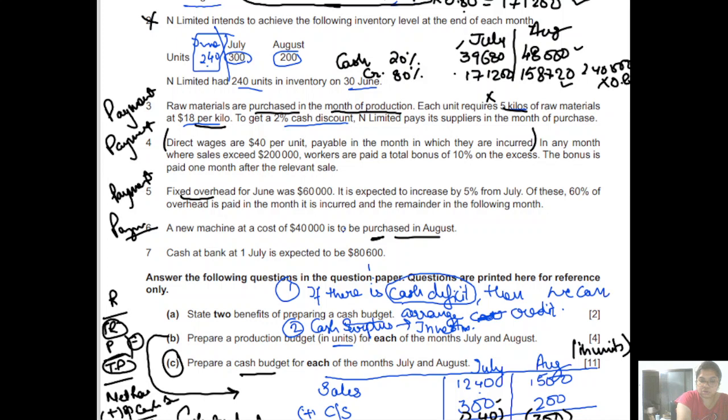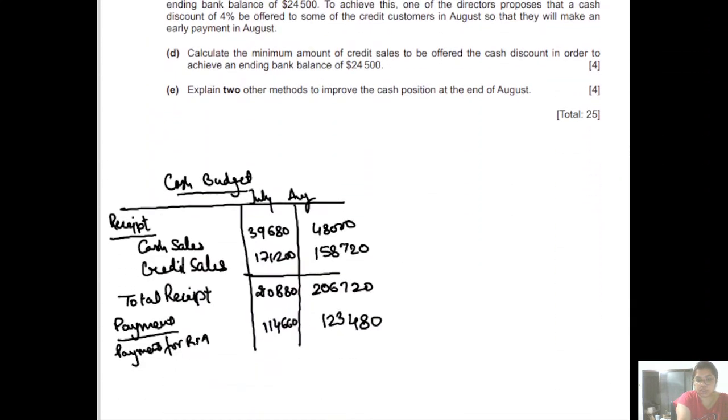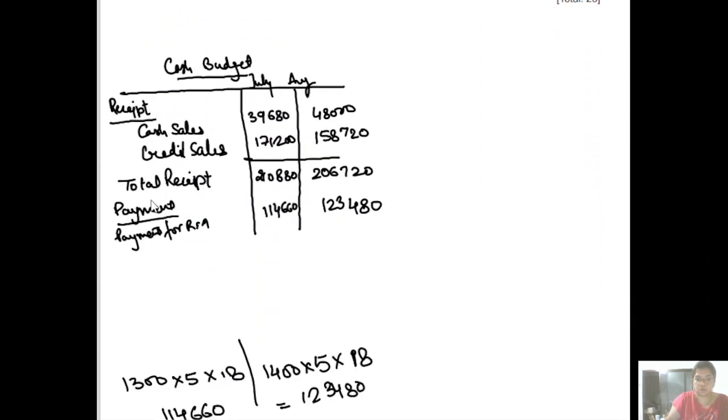So I'm going to record these two values over here in your cash budget. Okay, so wages, how much wages? For the 1300 you produce in the month of July, the wages rate is $40.